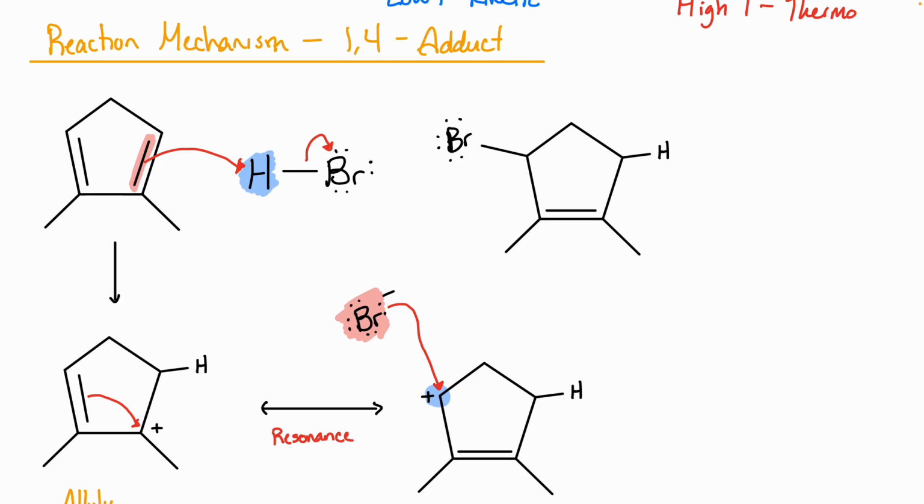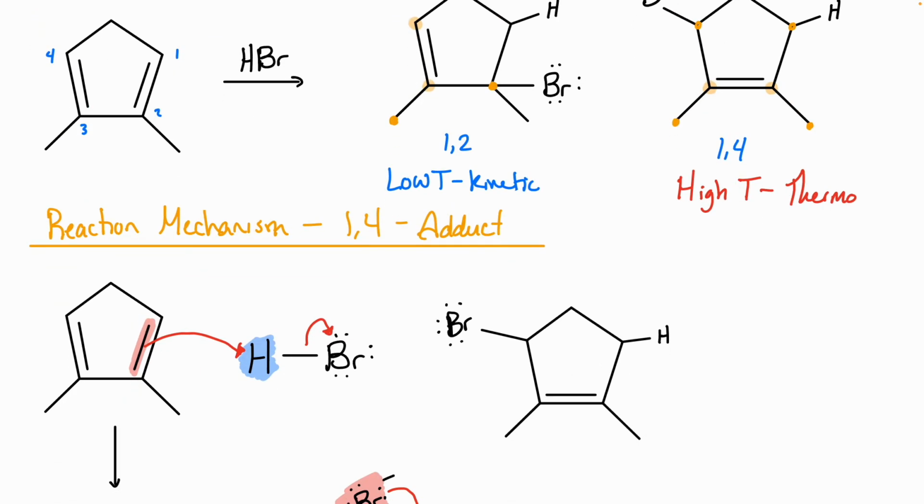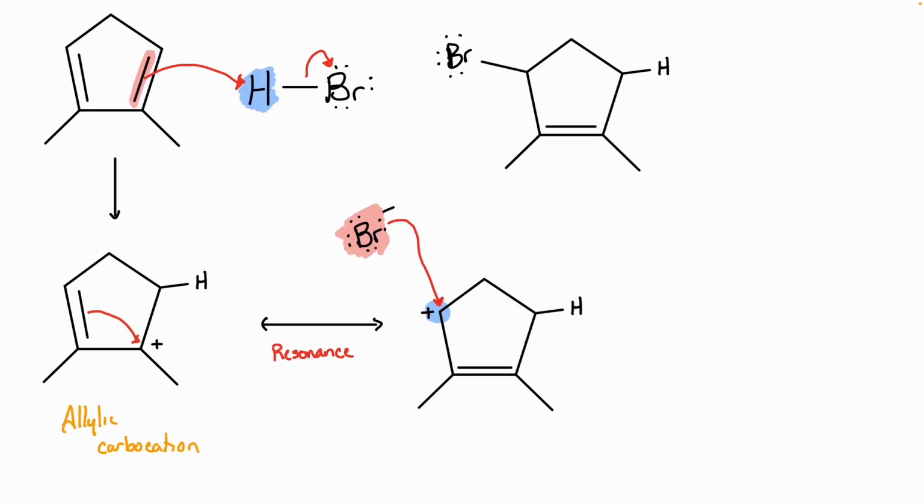So a symmetric conjugated diene is kind of the best case scenario. There's only one possible 1,2 product and one possible 1,4 product. Let's take a look at another example here. Now we're going to make it asymmetric.